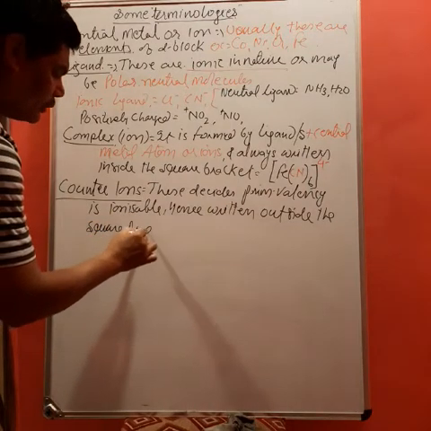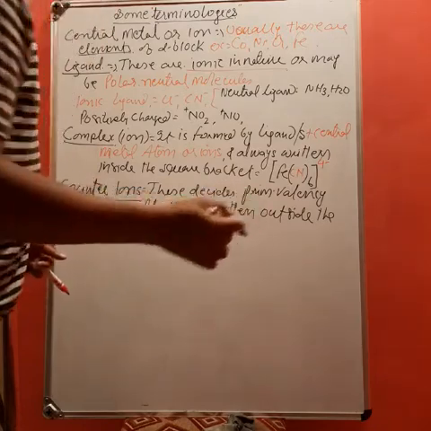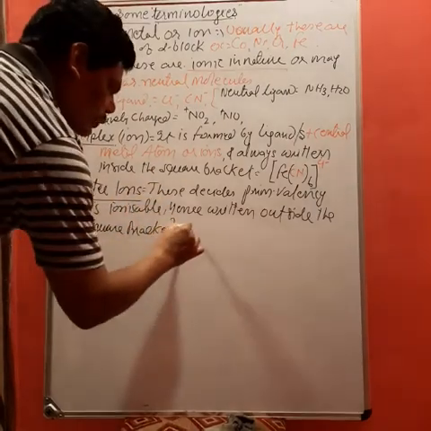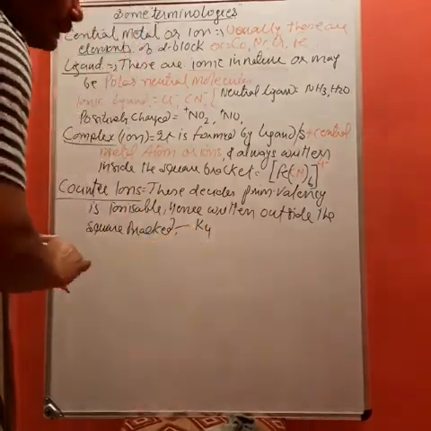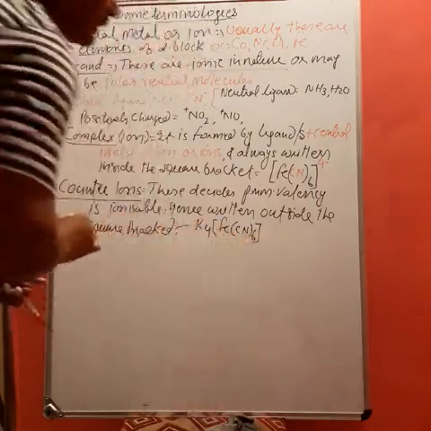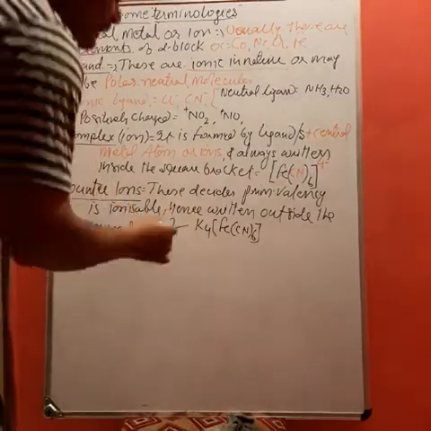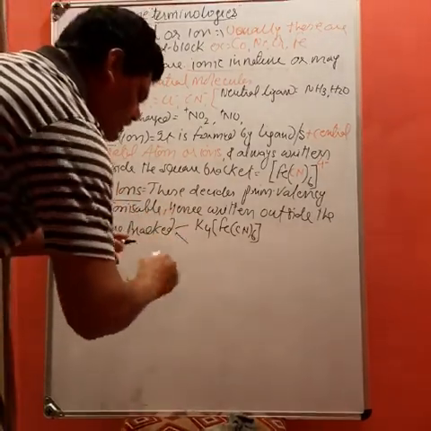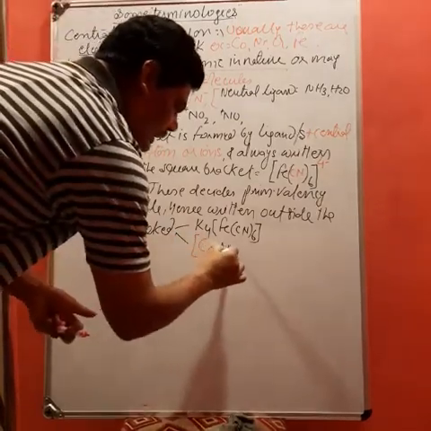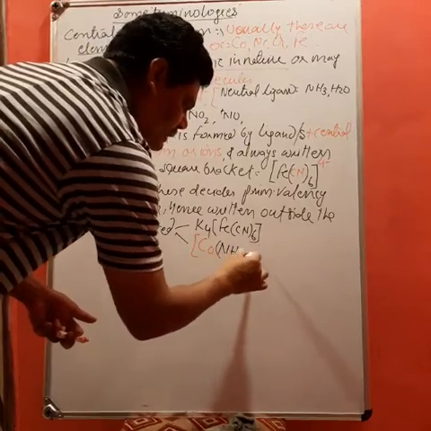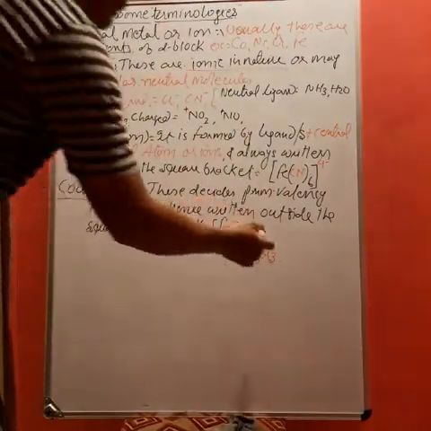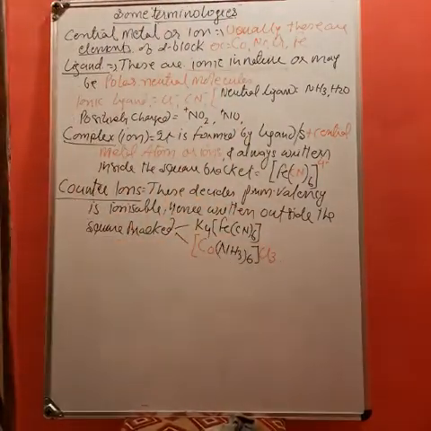We can write it to the right of the square bracket, and also to the left. Like I am writing two examples: K4[Fe(CN)6], where it is written before the square bracket, and next [Co(NH3)6]Cl3. So this is called what? Counter ion, isn't it?